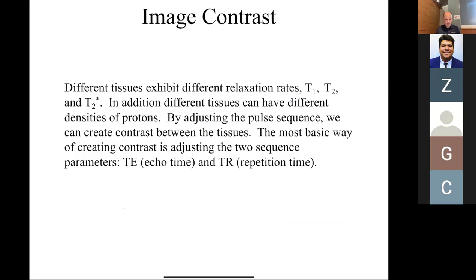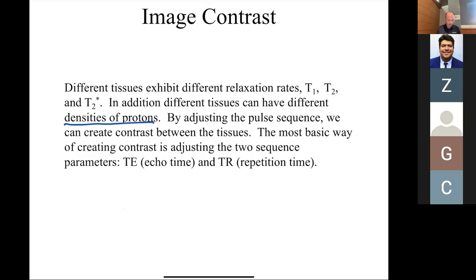The idea is that different tissues do have different relaxation rates. They have different T1s, different T2s, different T2 stars. In addition, they have different density of protons. The thing about MRI is we have a lot of knobs we can turn, an infinite number of knobs. We're not going to talk about them all in this course. We're just going to talk about the two most basic knobs that you can change.